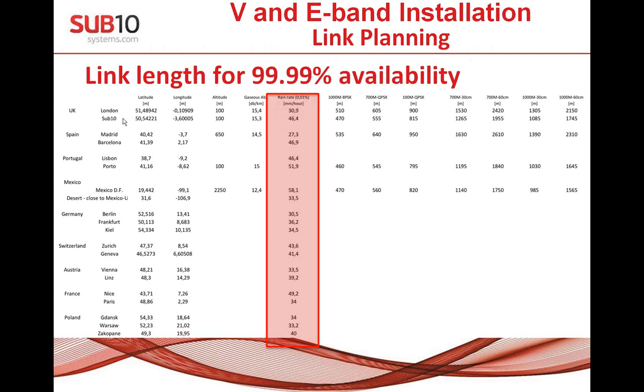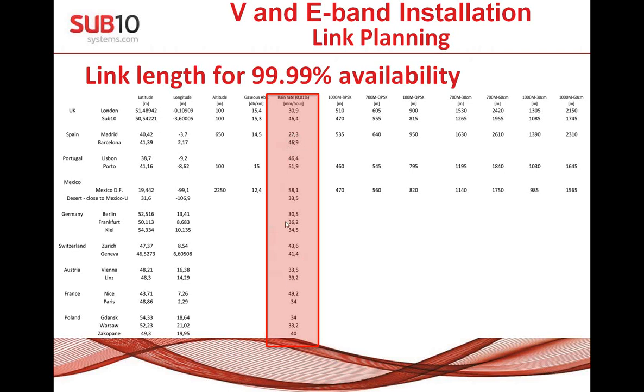But if you look at the Sub10 office, which is south or southwest of London, in an area called Devon, you see that to be able to work at 4 nines, to have just 53 minutes per year of link outage, I have to calculate a rain level of about 46.4 millimeters. And you have other big differences. For example, Spain: Madrid, which is inland, not so close to the seaside, is 27, but if I'm looking at Barcelona, I am at 47 or 48 millimeters.